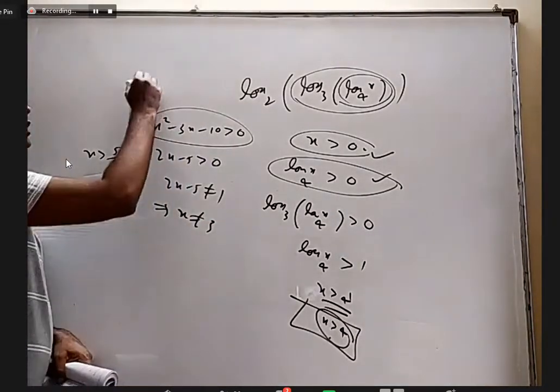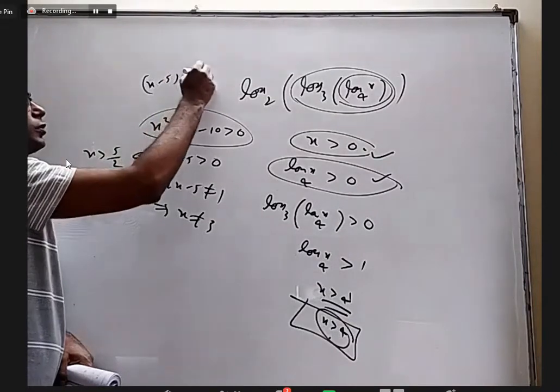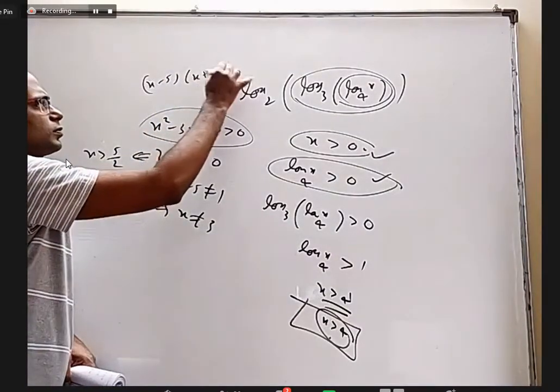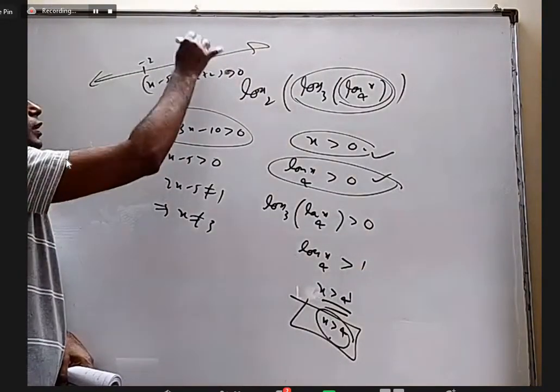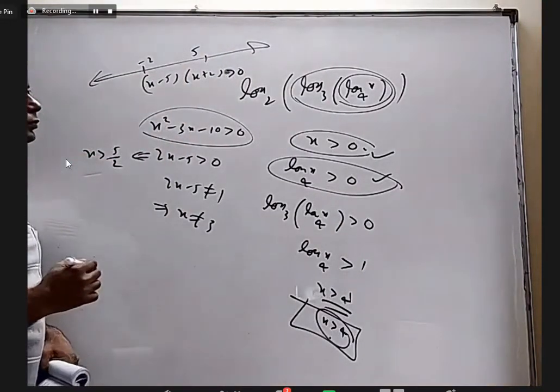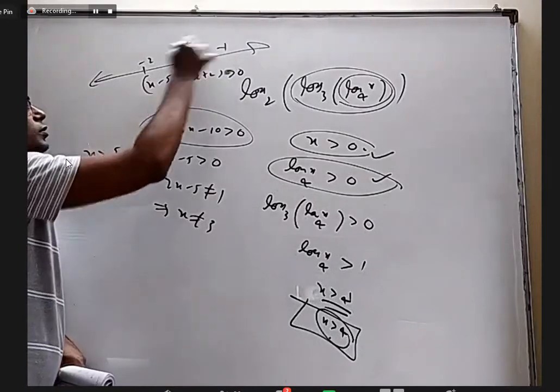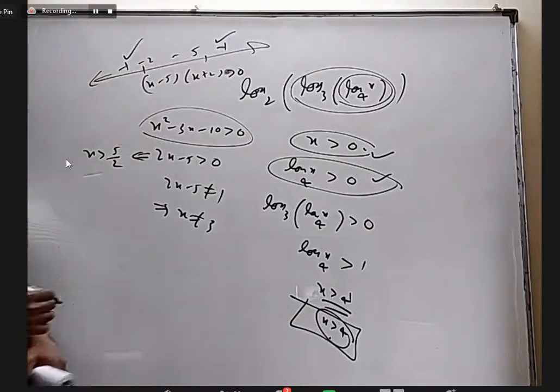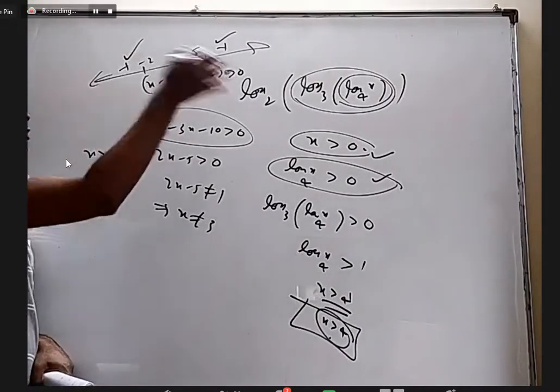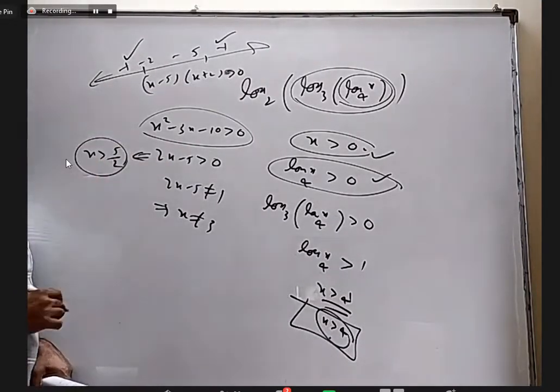This will give, on the number line, x minus 5 into x plus 2 greater than 0. So when you take the number line with minus 2 and 5, positive, negative, positive. So we want positive, this region and this region. Either less than minus 2, or more than 5. But we want it to be more than 5 by 2.